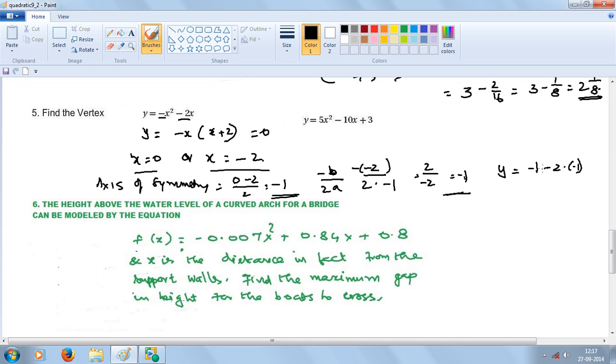If you minus this, it becomes plus 2. So minus 1 plus 2 is equal to plus 1. So what is the ordered pair? x is equal to minus 1, y is equal to plus 1. The ordered pair is minus 1, comma 1. This is the vertex.